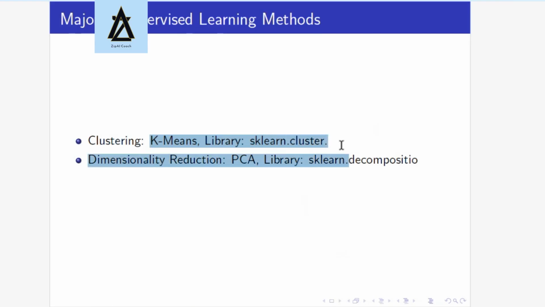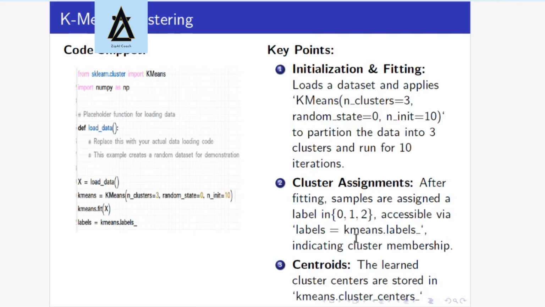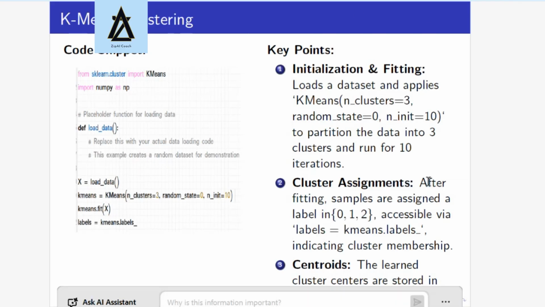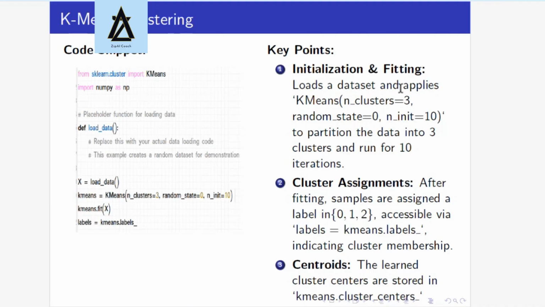If you are using these machine learning models, for dimensionality reduction you can use sklearn.decomposition. For clustering, you can use sklearn.cluster. For K means clustering, the key points are initialization, fitting, then cluster assignments, and so on.